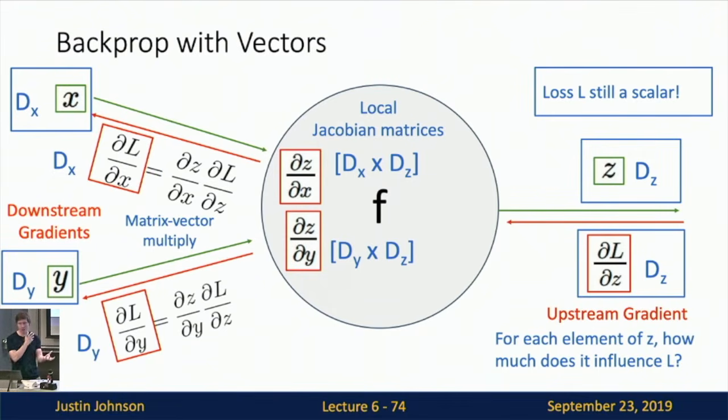Now this becomes a matrix vector product, where the local gradient is this Jacobian matrix, and the upstream gradient is this gradient vector. The downstream gradient is a gradient vector, and the way that we produce it is a matrix vector multiply between the upstream gradient vector and the local Jacobian matrix, in such a way that the shapes work out. So if you're ever confused about this, I always just recommend writing out the shapes of all of your things, and hopefully that will help you clarify what's going on.